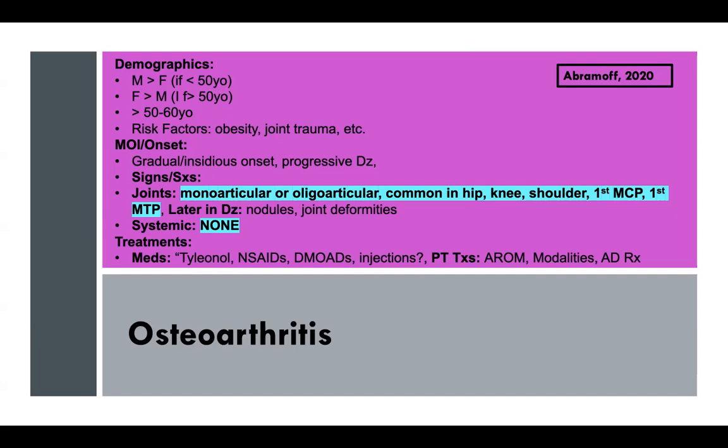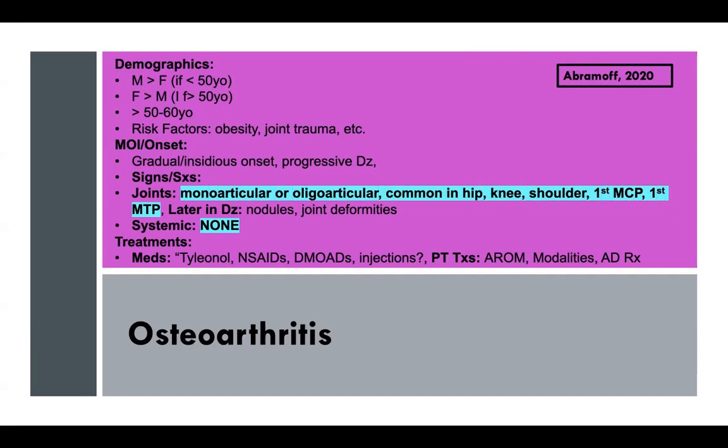And then, as I mentioned prior, although it's not on here, PIPs and DIPs preferentially if it is in the hands, versus MCPs, more of an RA presentation. Joint deformities could be present later on. Key differentiator here is that we don't expect systemic issues. So we really don't expect fatigue or any cardiopulmonary complications with OA. It is localized to joints.